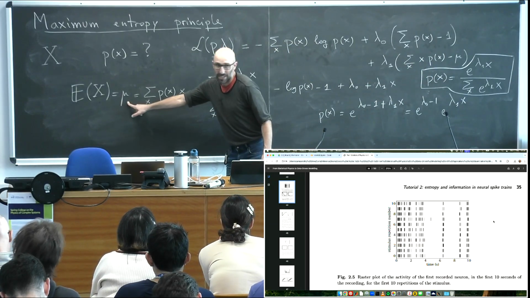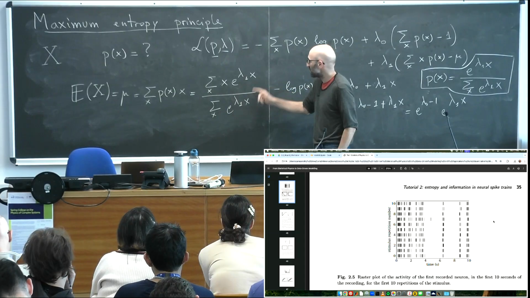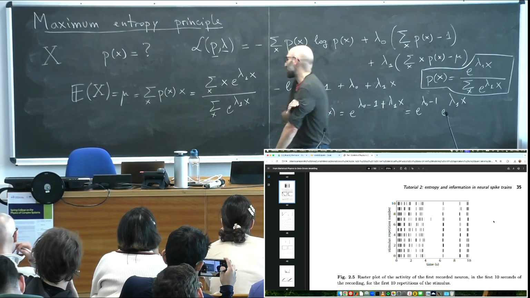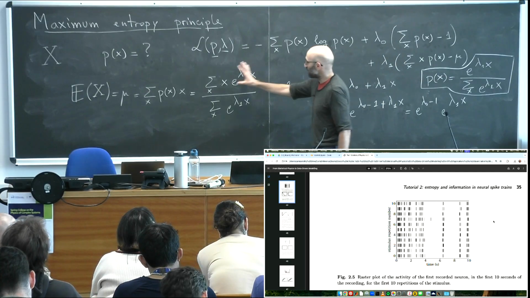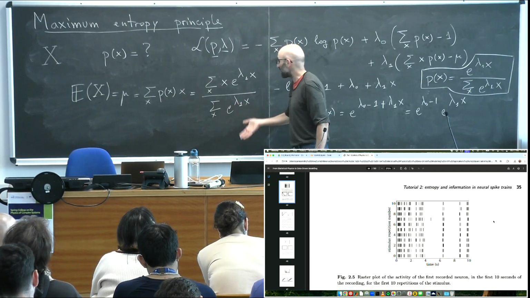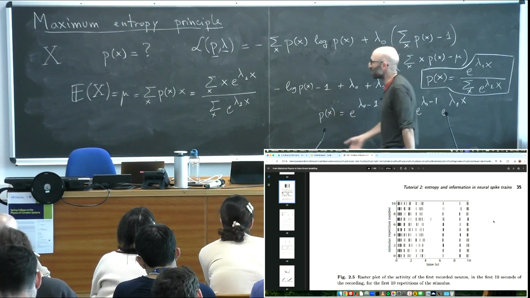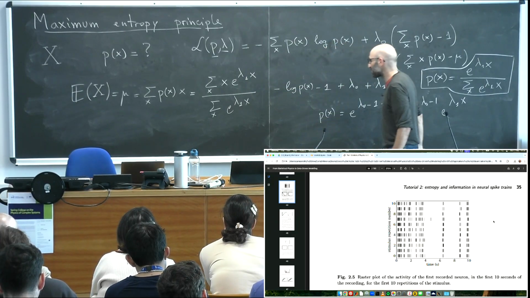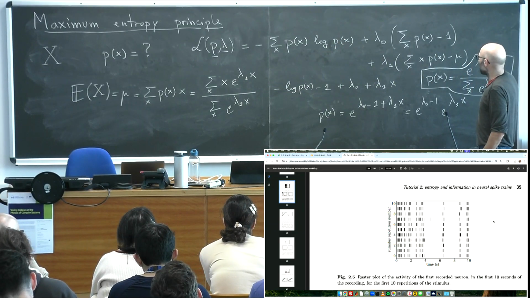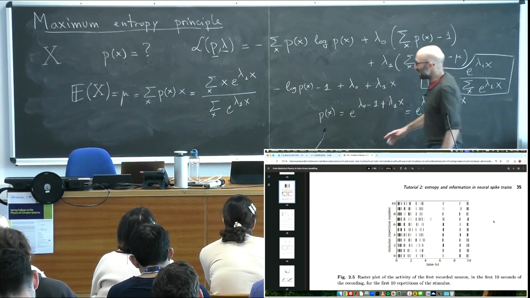So this will be an implicit equation for lambda 1 that you cannot solve in general, but then you have to specialize to what you want to do. If you can solve it, you solve it. Otherwise, you solve it numerically, and you get lambda 1. Okay? So this is the idea.